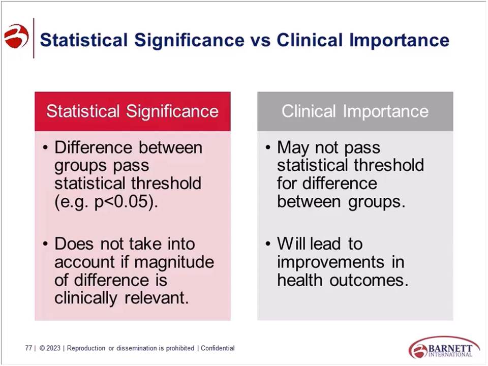Sometimes you might find no statistical significance. Your test statistic does not pass the threshold of 5%, and yet you observe a large, clinically important difference. Statistical significance tells you nothing about the size of the difference.